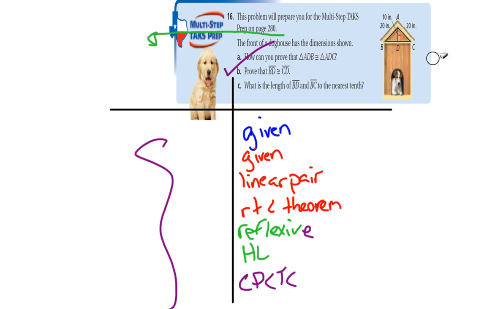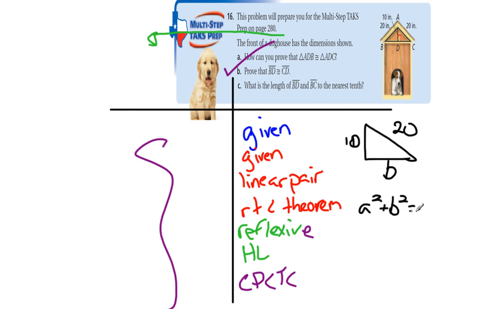Alright. The next question, which should have been easy, since you didn't need the proof, you just had to know how to find sides of a right triangle. So if it's 10 and 20, use a squared plus b squared. Fill in our numbers. Work it out. 100 plus b squared is 400.